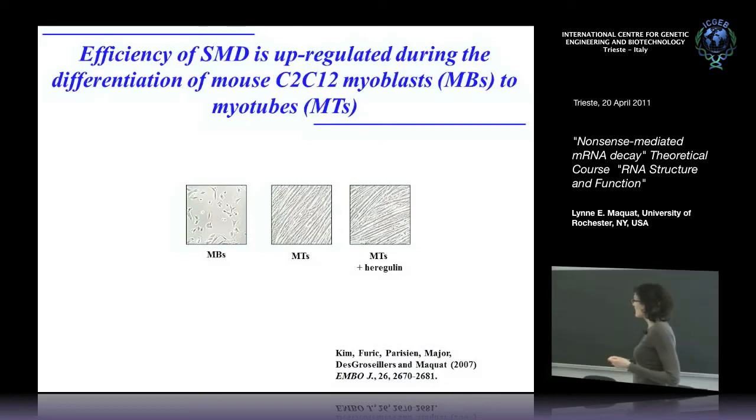University was to show that the efficiency of SMD goes up during myogenesis. And this is a tissue culture model for myogenesis where mouse C2C12 myoblasts, which have a single nucleus, can be fused to form multinucleated myotubes. And during that process, the efficiency of SMD goes up.